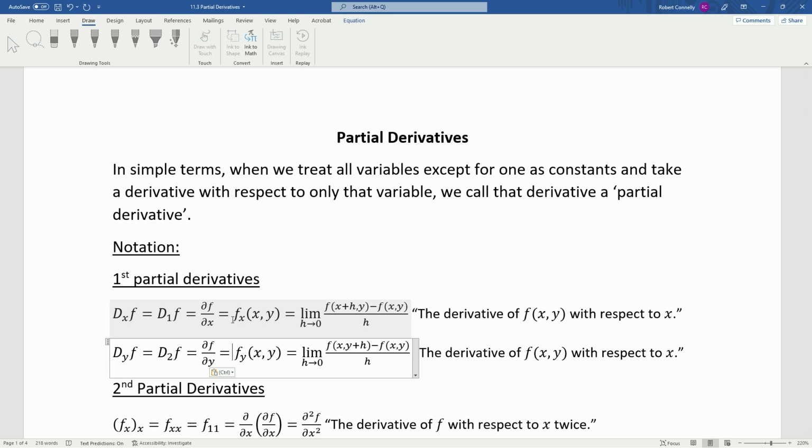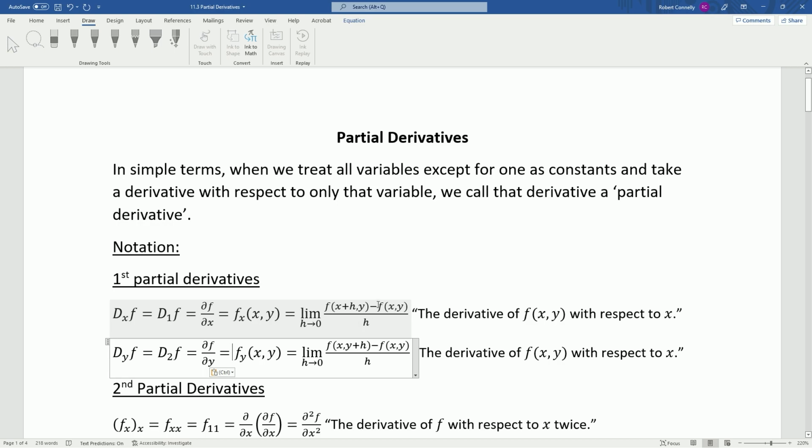Now, the formal definition of these partial derivatives looks just like the regular definition of the derivative, except that the distance h that you're talking about here only applies to the variable you're concerned with for the partial derivative. So the partial derivative of f with respect to x is the limit as h approaches 0 of f of x plus h, y minus f of x, y divided by h.